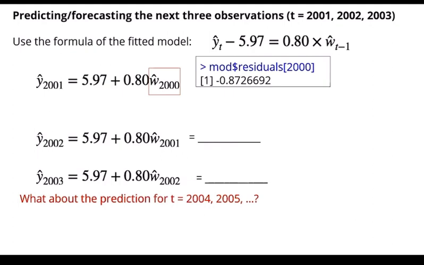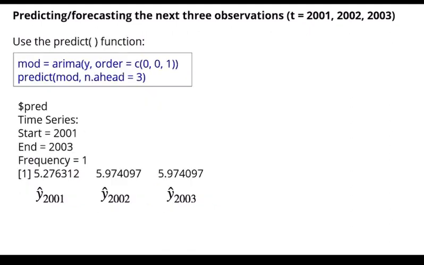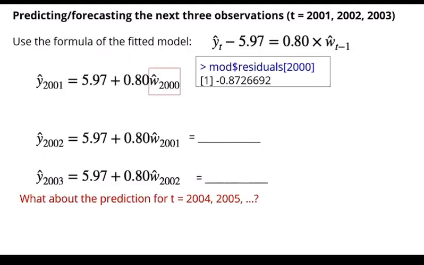The next thing I want to talk about is that when you make use of R code, you get this result. But if you want to use the fitted model to compute the prediction manually, you make use of the model right here.